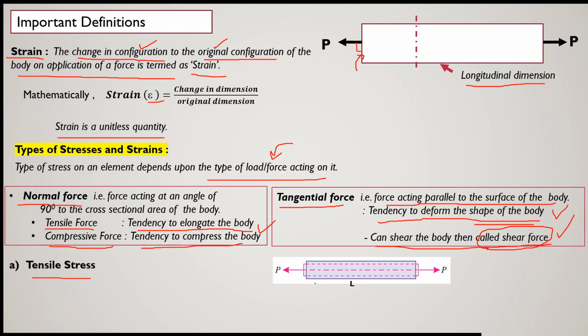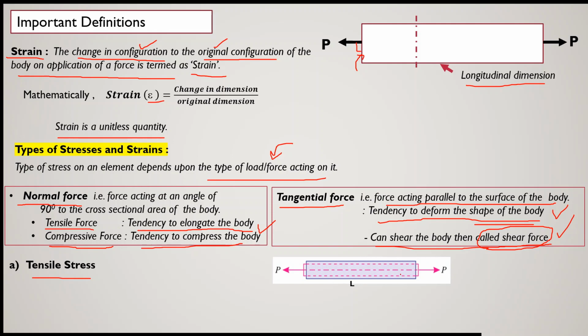Let us consider its longitudinal dimension is L. And when you apply some force P, which is acting outward, it will try to elongate the body. So this type of force, which is acting away from the body, is tensile force.